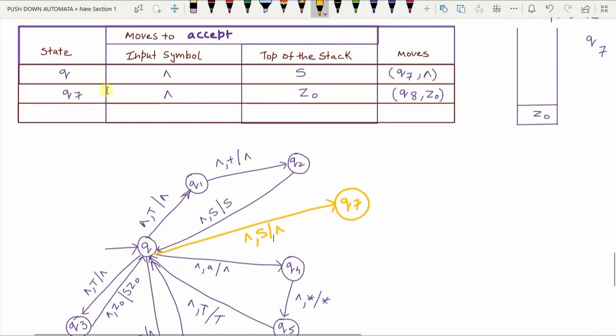From Q7 state you are going to the final state Q8. Q8 is the accept state. By reading null, Z0 is the topmost element of the stack, and Z0 remains the topmost element of the stack.